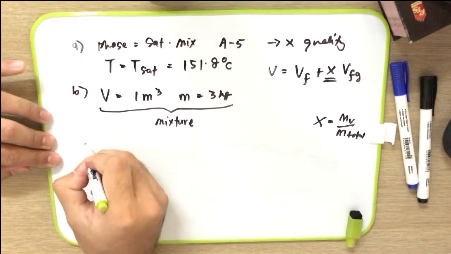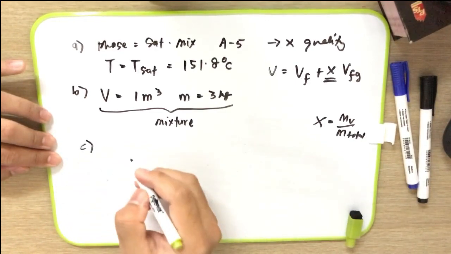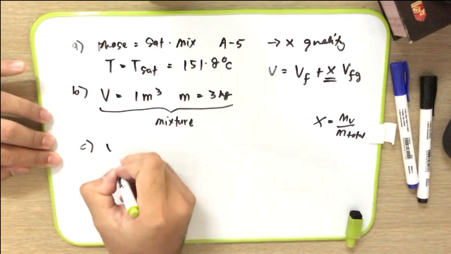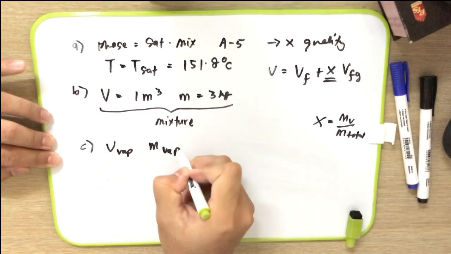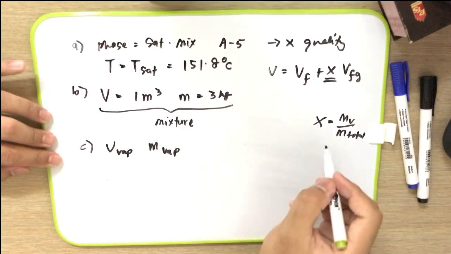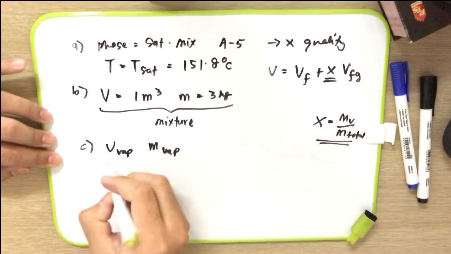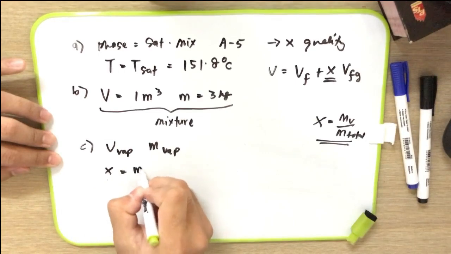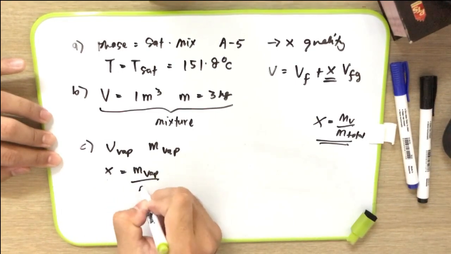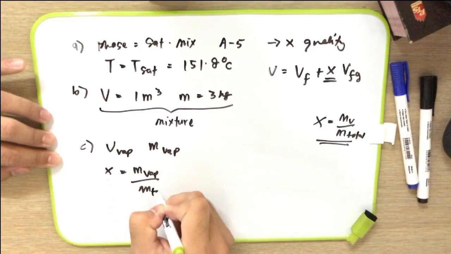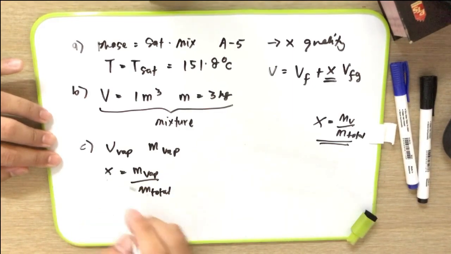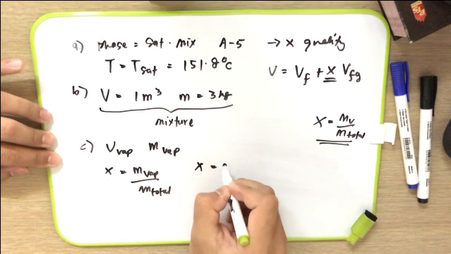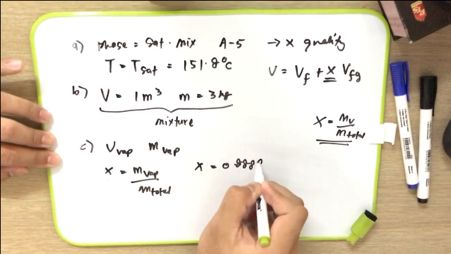And for question C, we need to find the V for vapor and also M for vapor. We still use this equation, which is X is equal to M vapor over M total. From this equation, we know already the X is 0.8889.